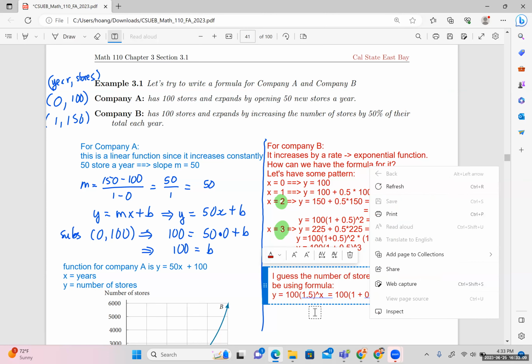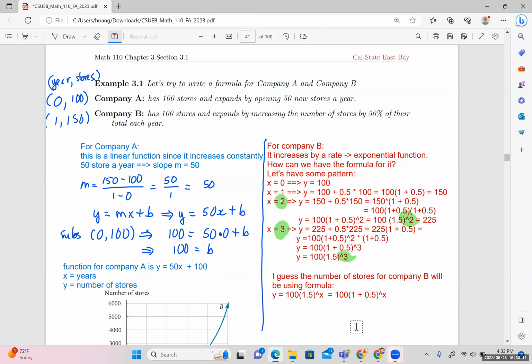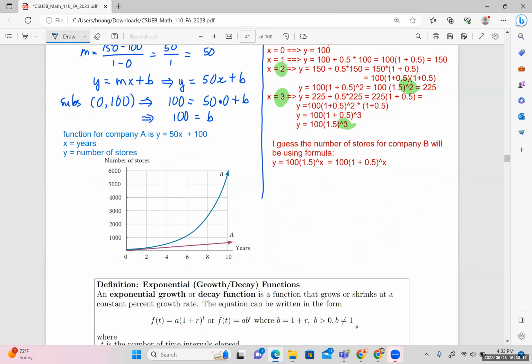So as you can see, the hundreds here will be the starting value, right?